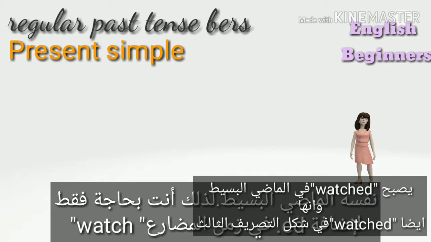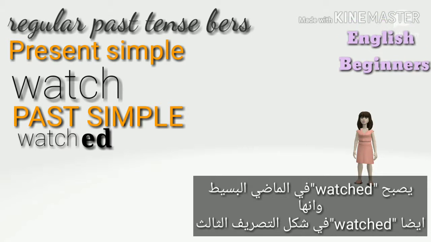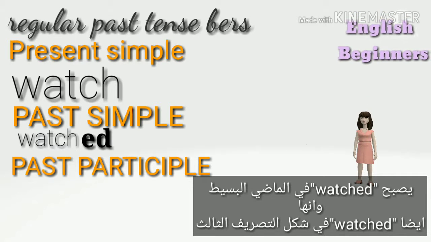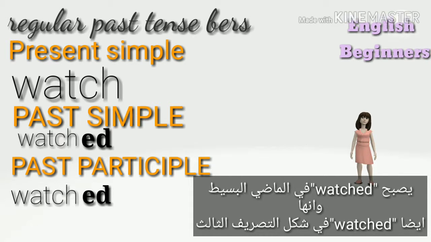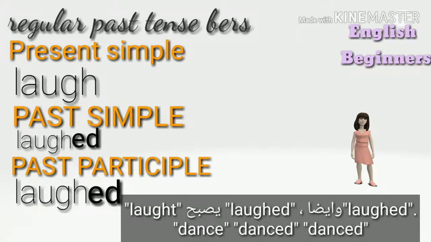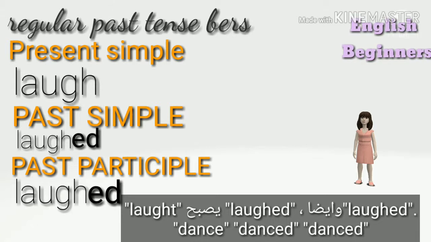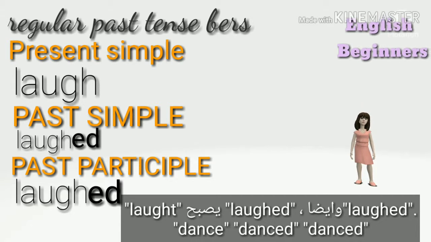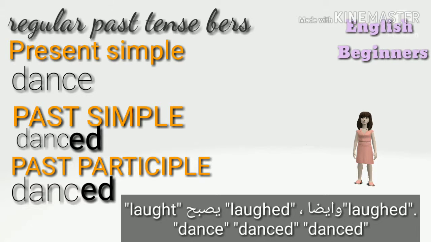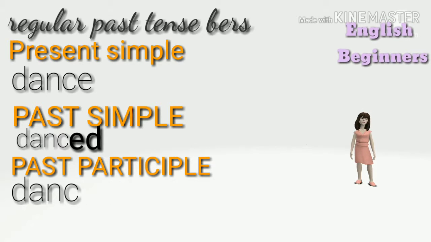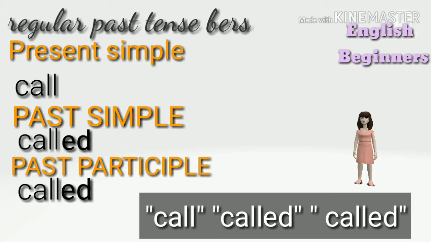Watch in the present tense becomes watched in past simple, and it's also watched in past participle form. Laugh becomes laughed and is also laughed. Dance, danced, danced. Cold, cold, cold.